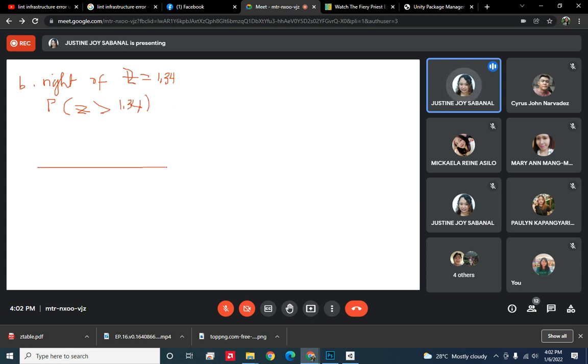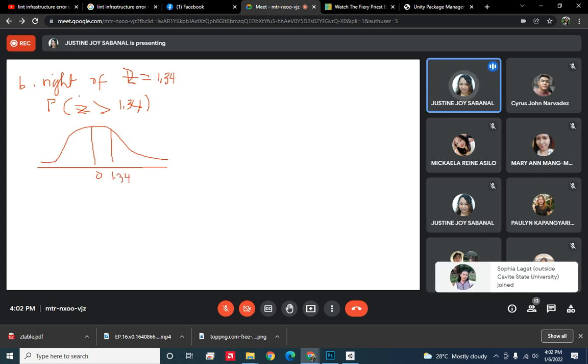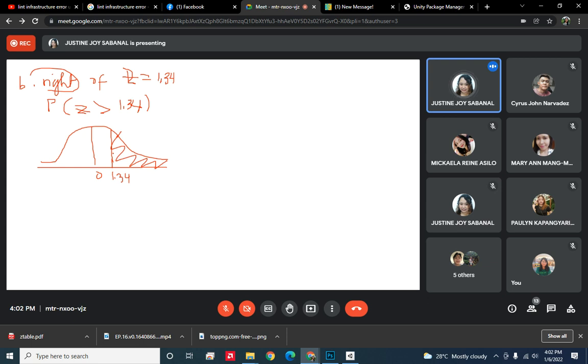So in the illustration, this is again 0. Positive yung value natin. So we have here 1.34. Tapos po, dahil kanan daw nung 1.34, from 1.34 going to the right po yung pagsa-shade na natin. Ayan. So less than 0.5 po yung makukuha natin na value dito.